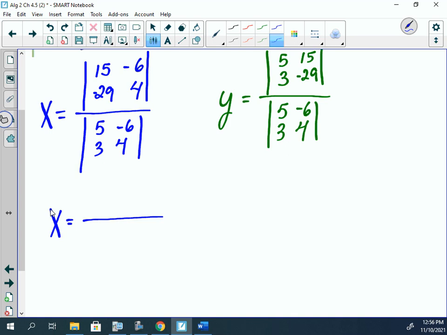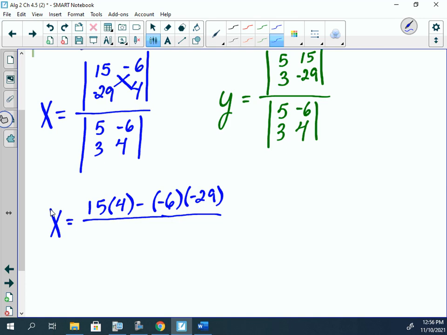Now, we'll solve x first. We take the determinant of the top, which is the cross method that we did yesterday. So we're going to do 15 times 4 minus negative 6 times negative 29. That would be the determinant of the top, and we would simplify that down.